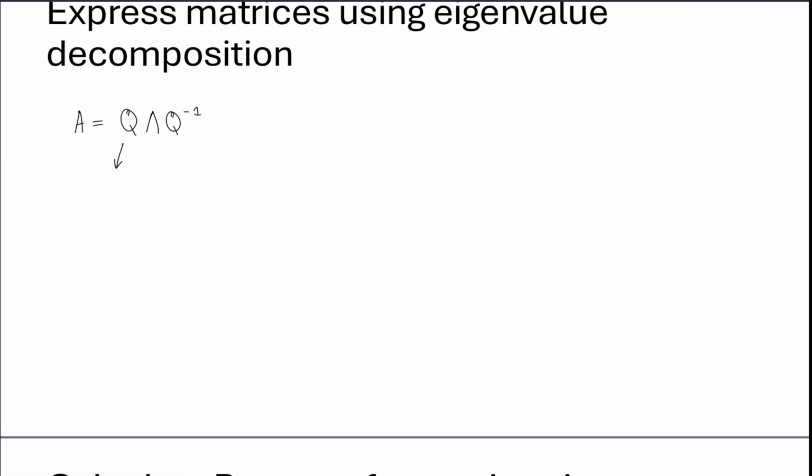What we can also do is express matrices using eigenvalue decomposition. So this is when we express a matrix A as Q and then an uppercase lambda and then the inverse of Q. So Q is just a matrix with columns as eigenvectors.